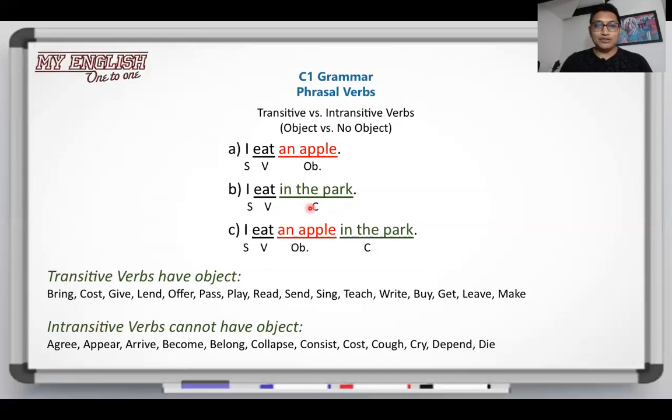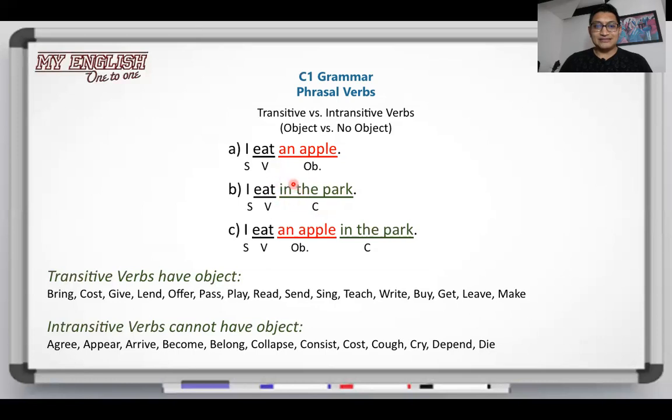Another important characteristic of the object versus the complement is that an object doesn't have prepositions, especially when we're talking about direct objects. The word "an" is an article. It is not a preposition. On the other hand, in C, the complement has a preposition.